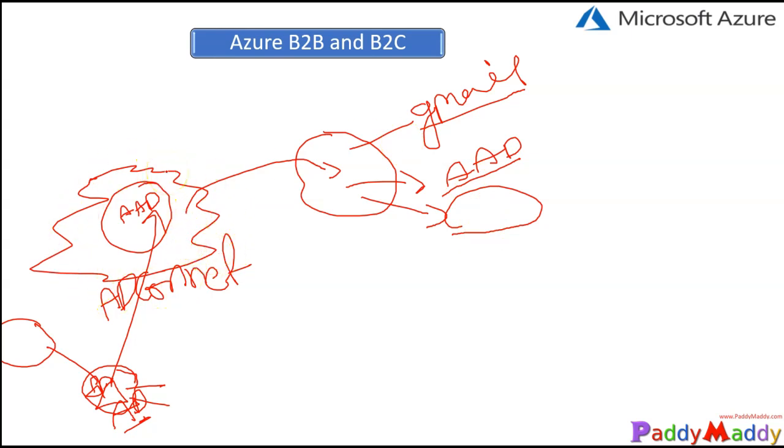So what would happen? You would be able to grant access to these users. Let's say I have a user here, for example Pavan. When you invite, you can grant access with RBAC, so role based access control can be applied, and you can even assign licenses for that user.